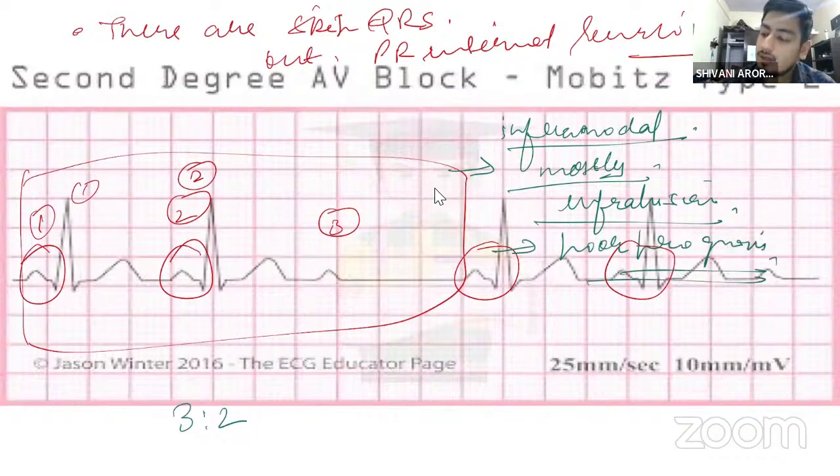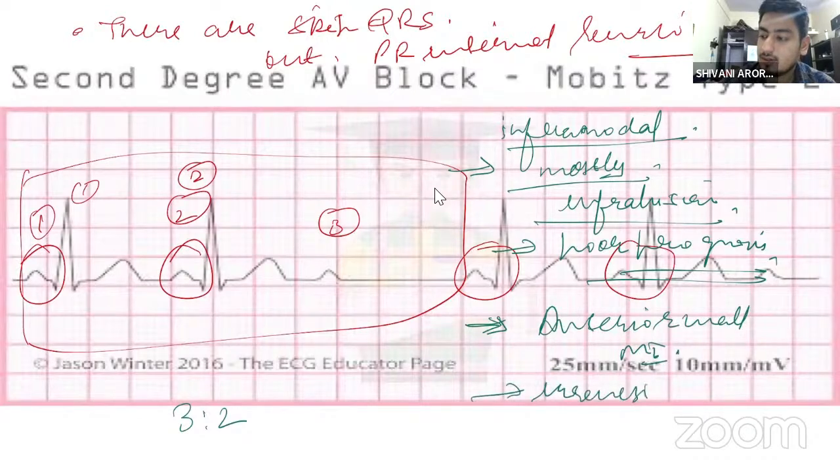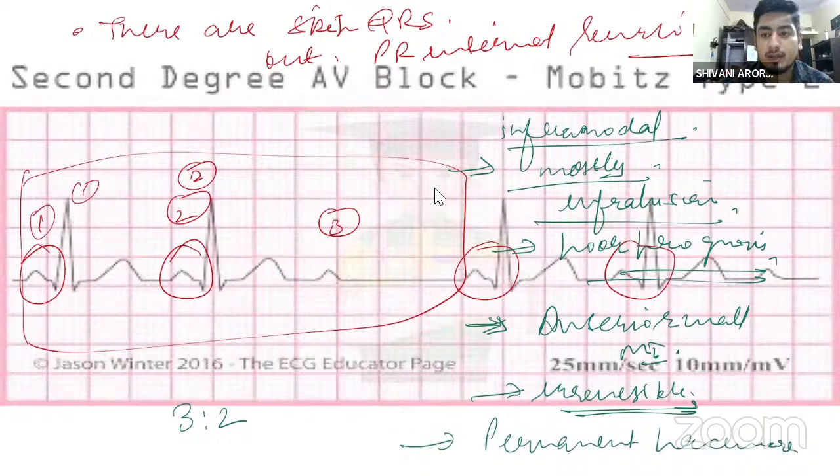Another thing is it is mostly associated with anterior wall MI, and it is usually irreversible. So in Mobitz type 2 second degree AV block, the treatment is a permanent pacemaker. Clear?